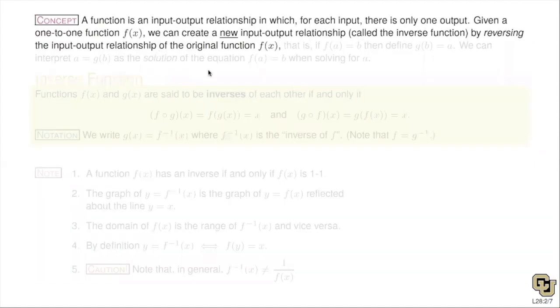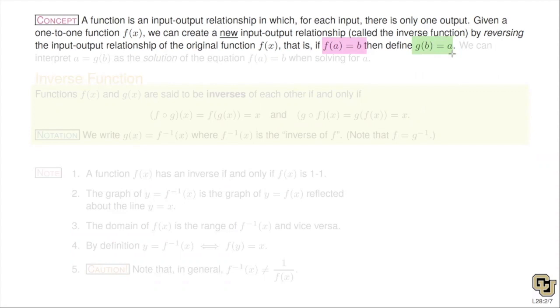So how do we create the new input-output relationships? I want to now create a new input-output relationship that we're going to call the inverse function. Basically, we're going to just reverse the relationships that the original function f of x gives us. That is to say, if for input a I have output b, then now let me define this new function where for input b I have output a.